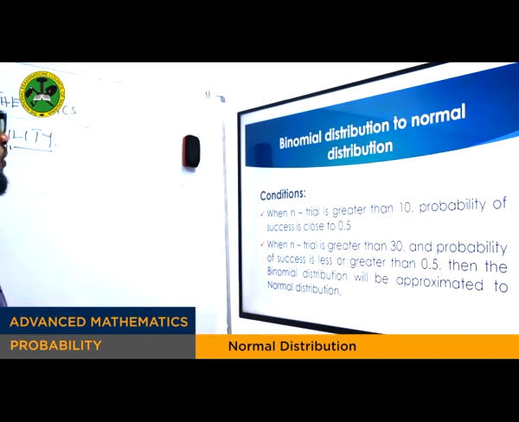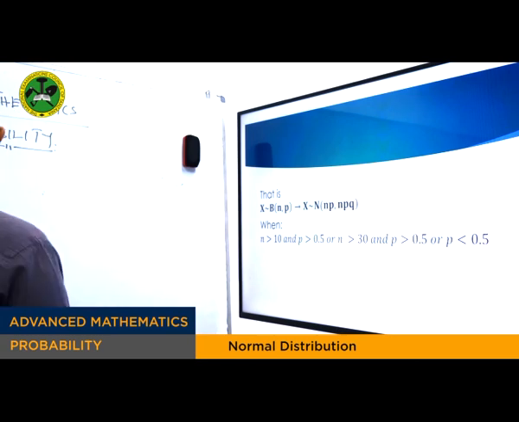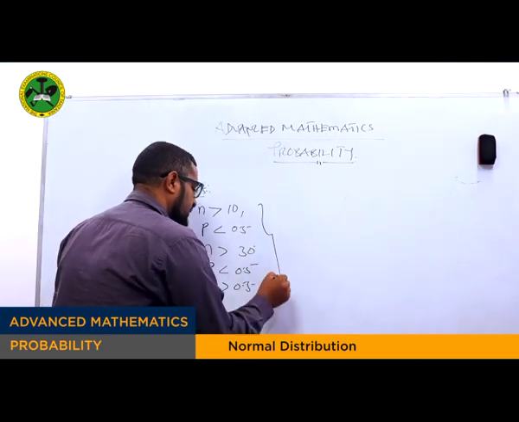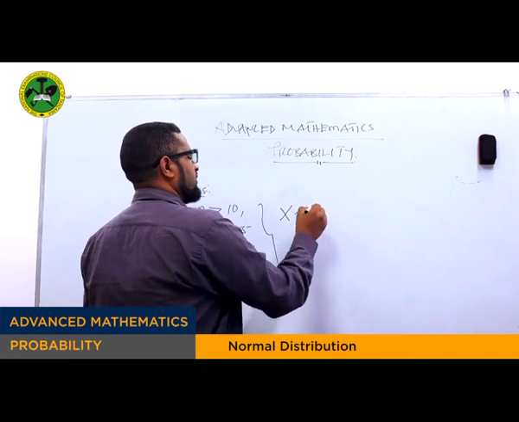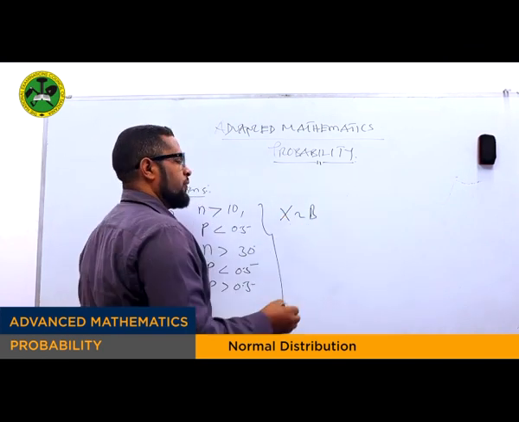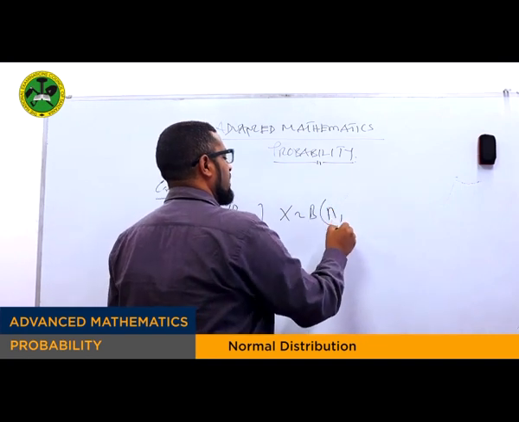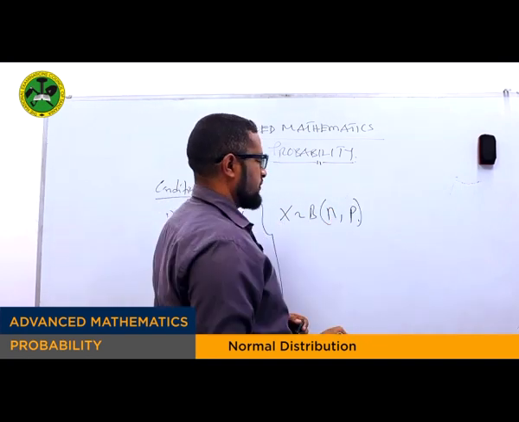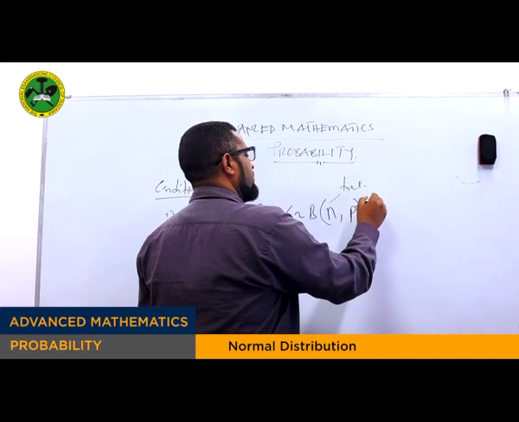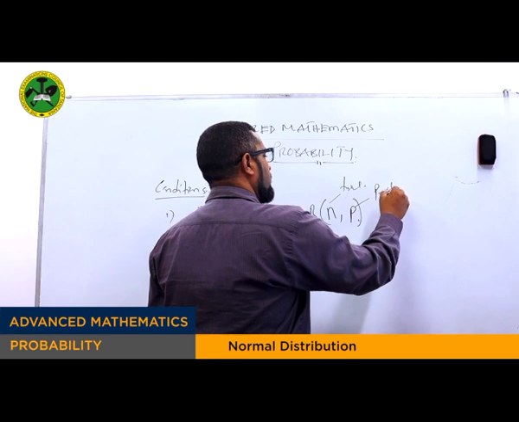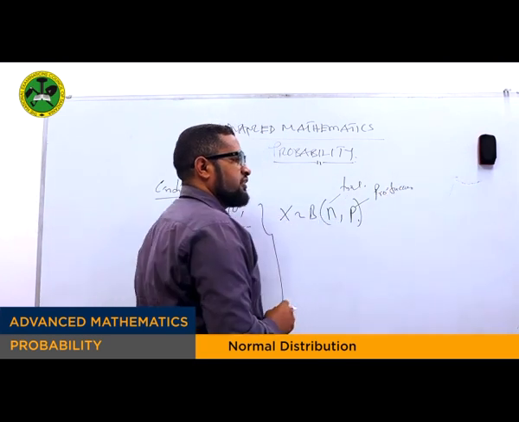Now let's see, how do we write? If all this happens, the variable X under binomial, remember, is given by B(n, p), where n is the number of trials and p is the probability of success.